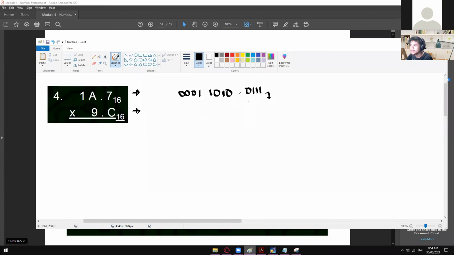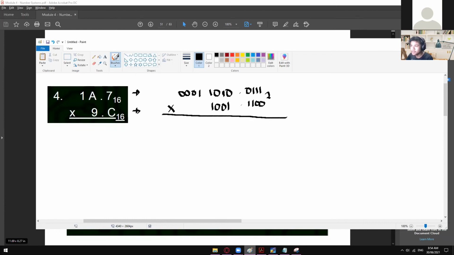So C is 12. So we need 8 plus 4. So it's 1100. And then 9 is 1001. Okay, and then multiply.